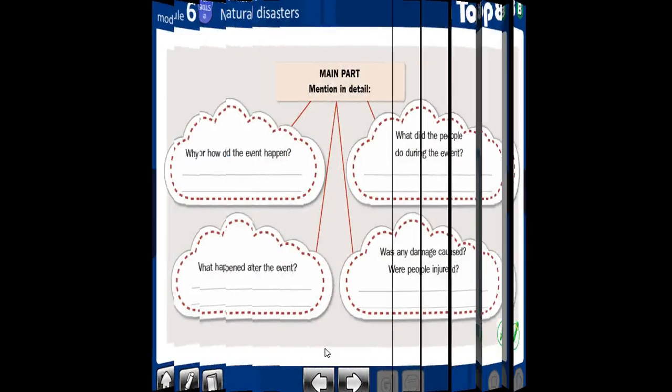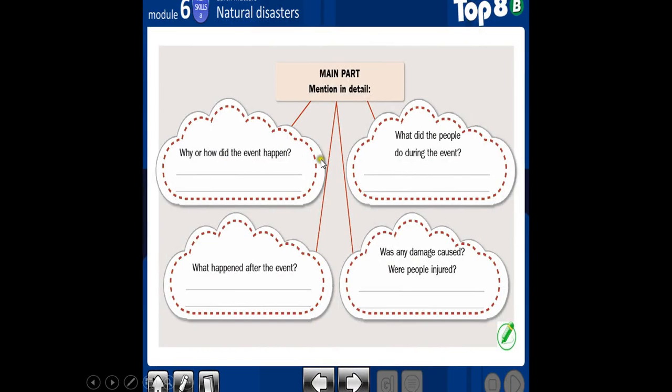Okay, then in the main part again you organize your ideas. Try to answer these questions when you write a newsletter. You write, for example, why or how did the event happen, then what happened, then what did the people do during the event, what happened after the event, and finally, was any damage caused, were people injured.